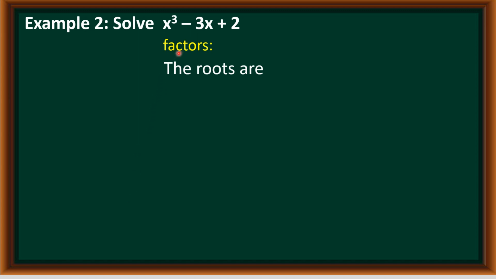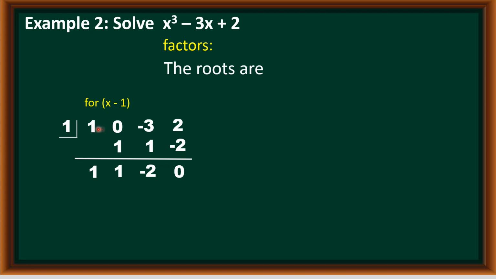In solving x cubed minus 3x plus 2, for x minus 1, ito na yung ating synthetic division. Nag-0 na yung ating remainder dito when we solve. Therefore, x minus 1 is a factor. So, one of the factors, diba, 3 yung hinahanap natin, is x minus 1. Kung x minus 1 yung factor, ang root natin is positive 1. Now, using this one as our first depressed equation, so we have 1, 1, negative 2, hindi nakasama yung 0.